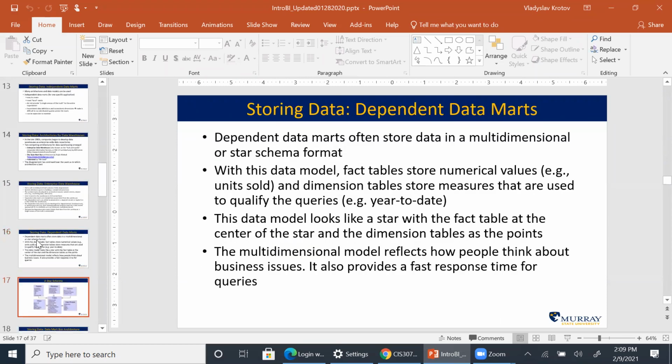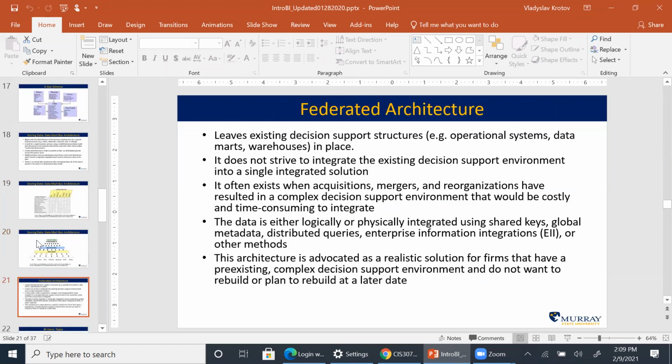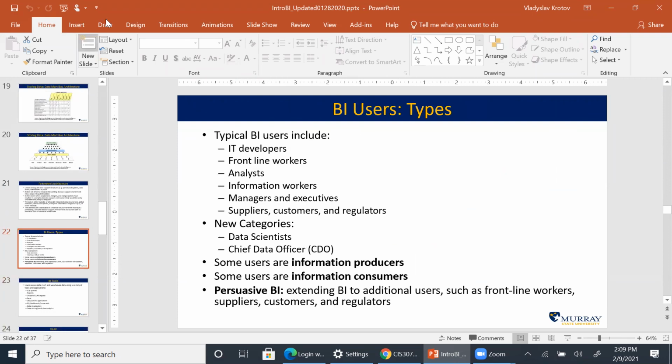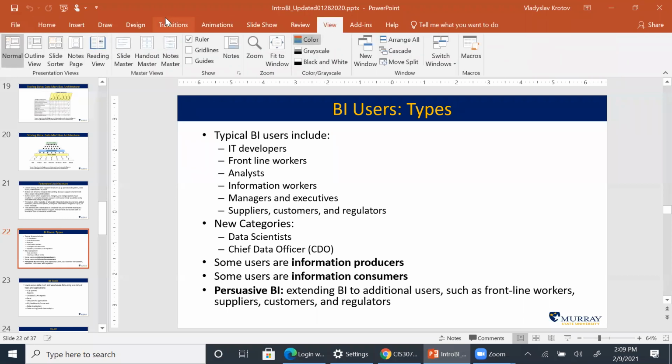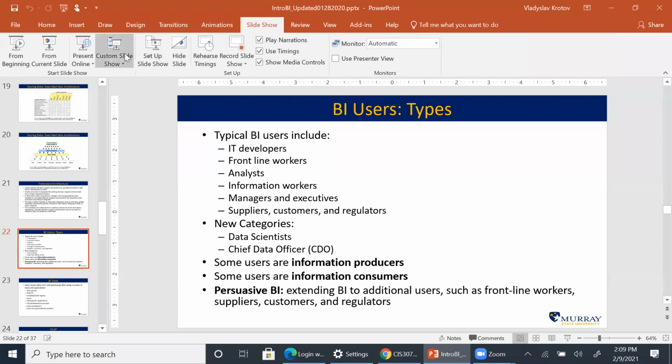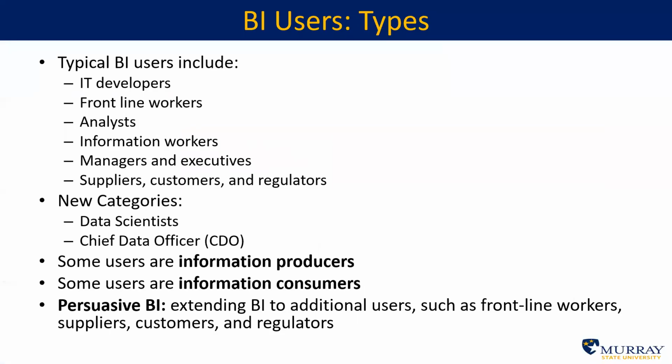So first, we will talk about business intelligence users. So we'll jump to this slide if you don't mind. Within an organization, we can have all types of users that rely on the business intelligence infrastructure, business intelligence applications offered within the organization.